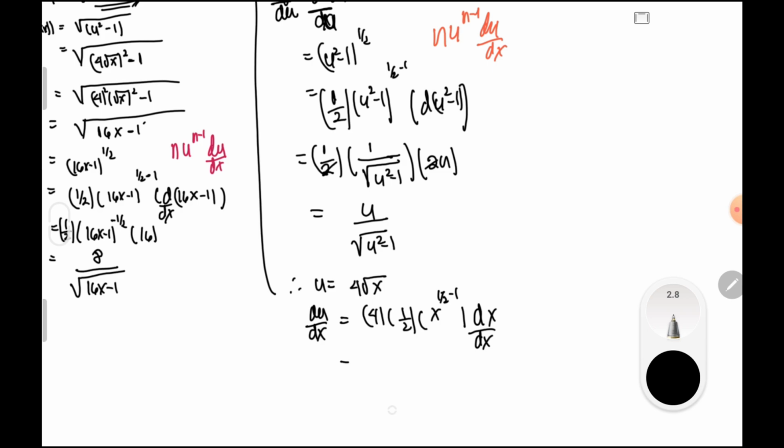So we have a value equal to 2 multiplied by 1 over square root of x.